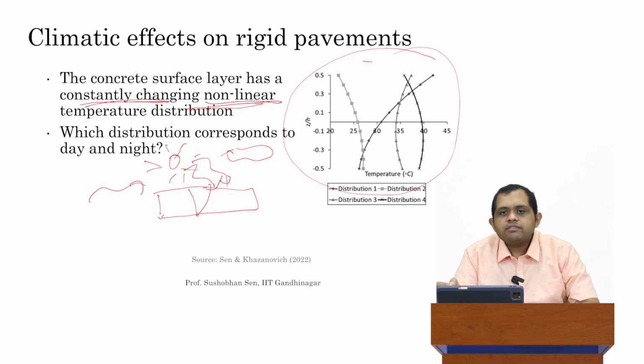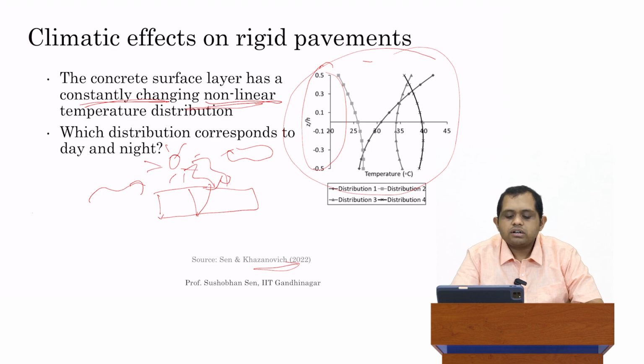Now, one challenge I'll leave you with, whose answer I'll give you in the next lecture, not in this lecture, is this figure over here, which is taken from some of my earlier work. In this figure, I've shown Z over H on the y-axis. Here Z represents the depth from the neutral axis or the neutral plane.